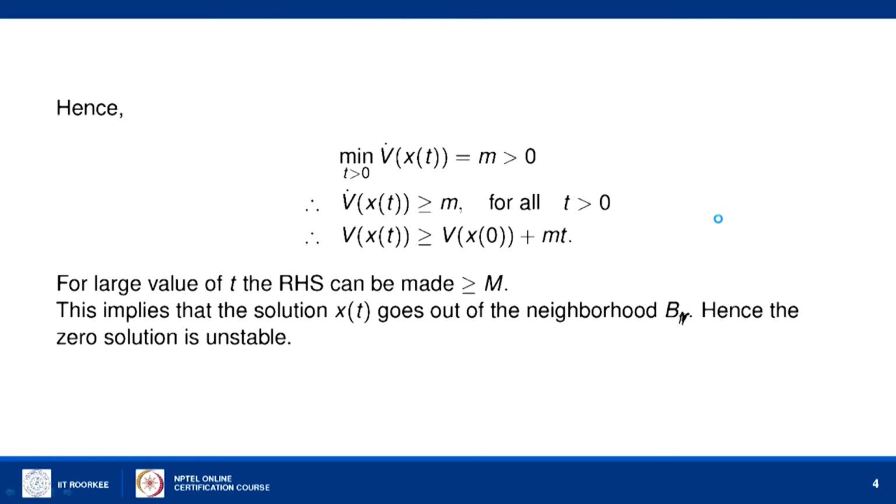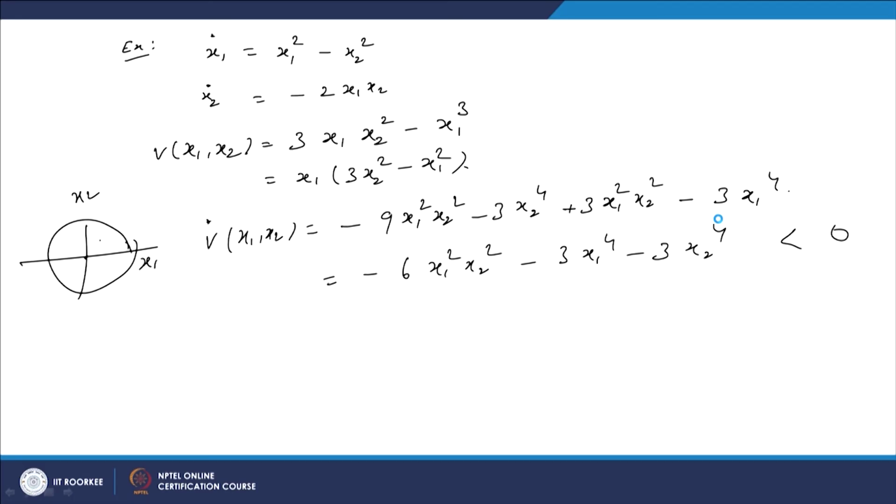So that is the case which we are having here. In every neighborhood we can have a negative value for V and V dot is negative definite. So this implies x equal to 0 is unstable according to this particular theorem.